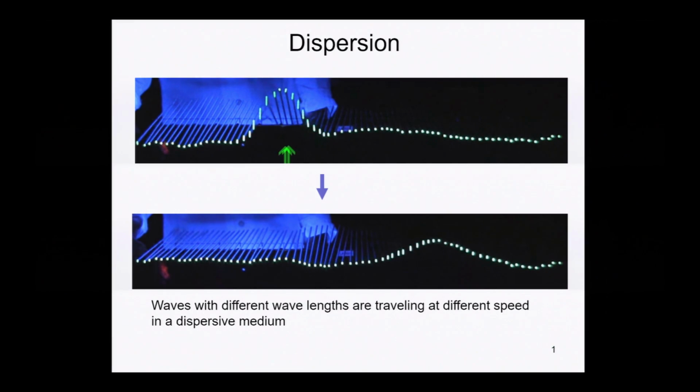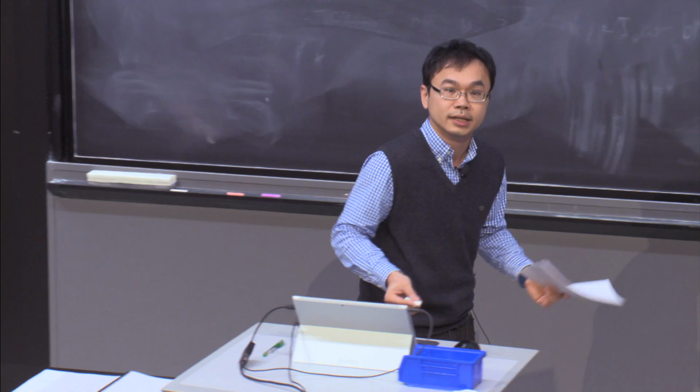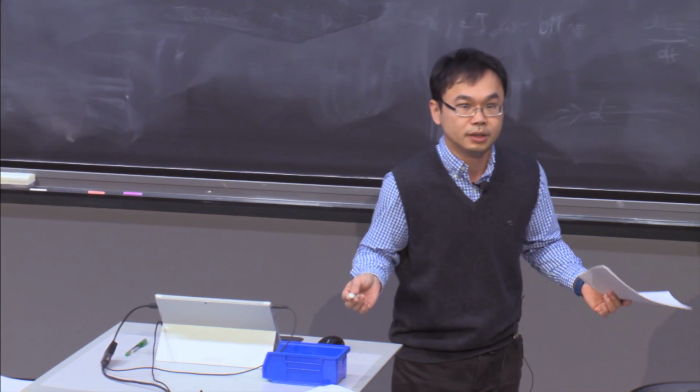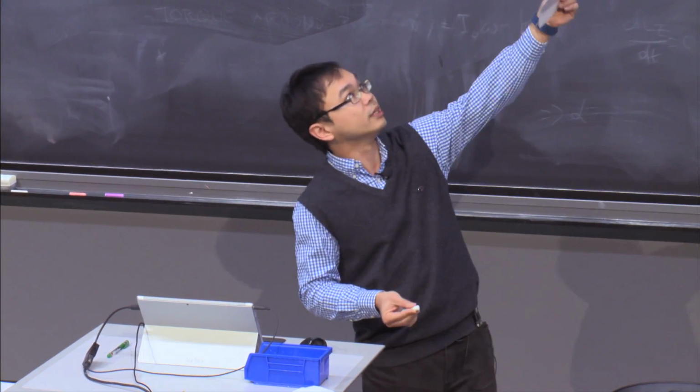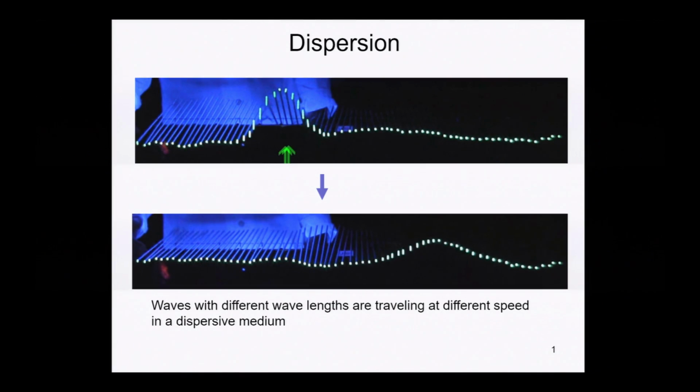That brings us a lot of trouble because, for example, here we are trying to send a Gaussian pulse through the medium. But after a while, this pulse becomes wider and wider because of the dispersion. All the components with different wavelengths, which construct this narrow pulse, are traveling at different speeds.